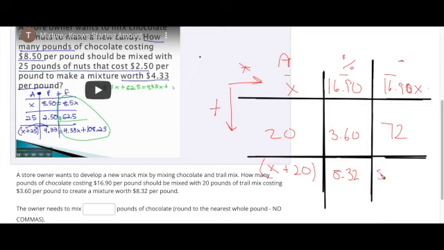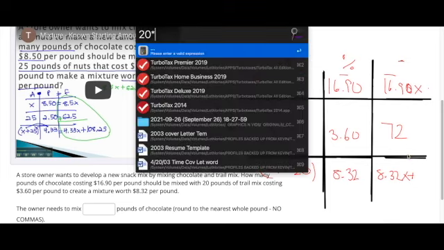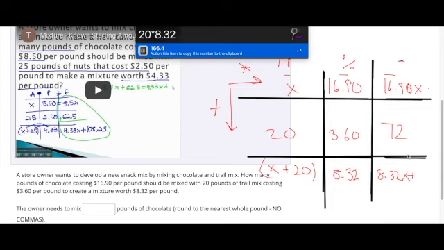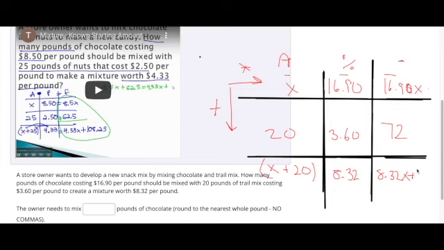And we're going to get 8.32x plus something, right? 20 times 8.32 is 166.4. I gotta remember that, so I'm gonna put that down. 166.4. Okay, so we're ready to work.